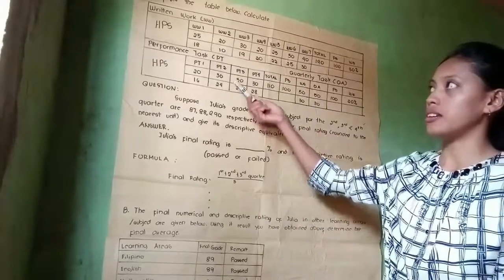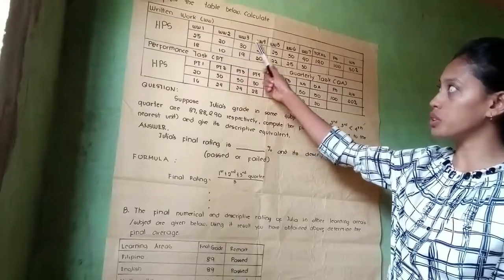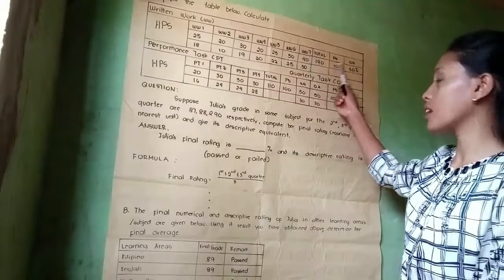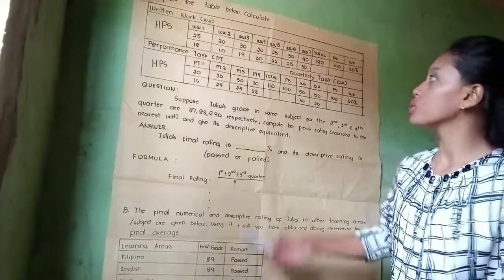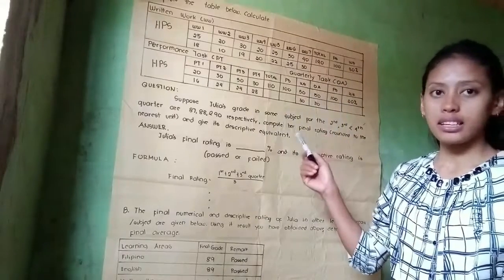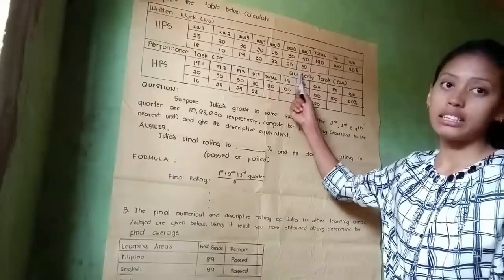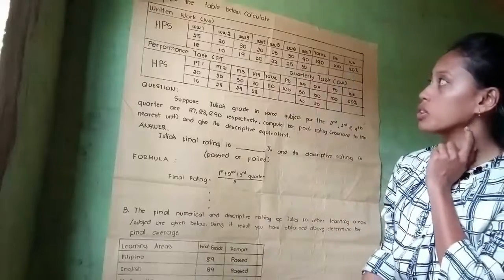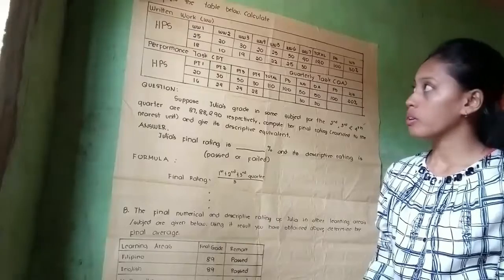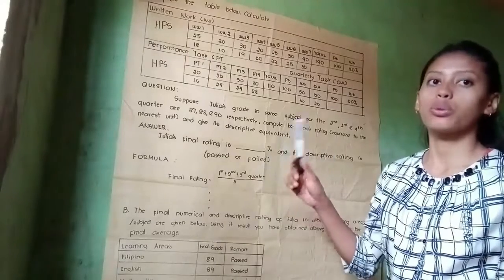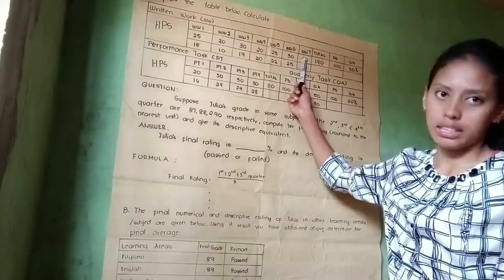So, this is the written work: written work 1, 2, 3, 4, 5, 6, 7, and the total possible score and the weighted score. So we will find the missing value in the box, so that we'll find the total score of this section. To get the total score, we will add written work 1, 2, 3, 4, 5, 6, 7.